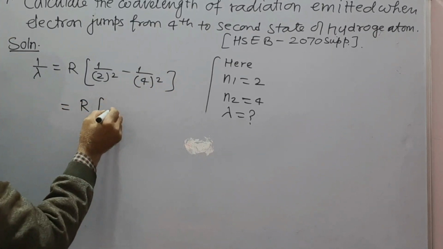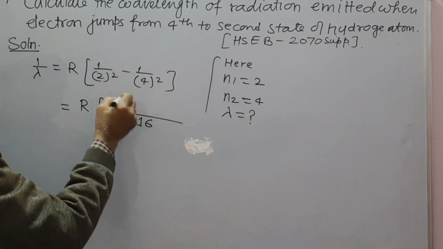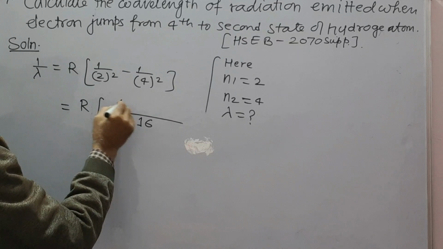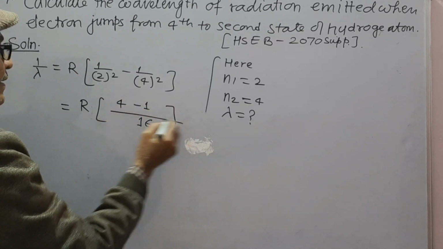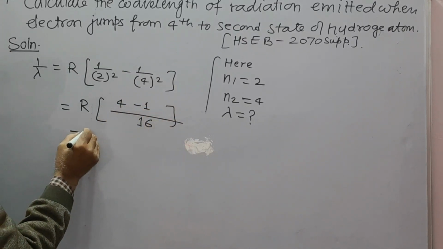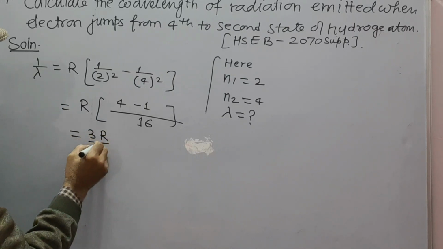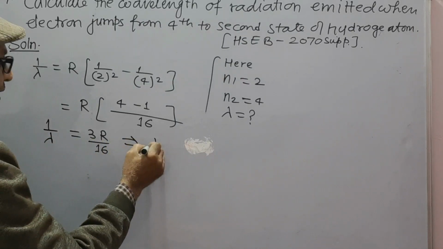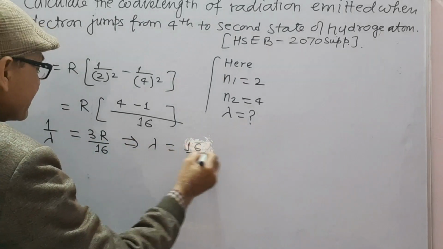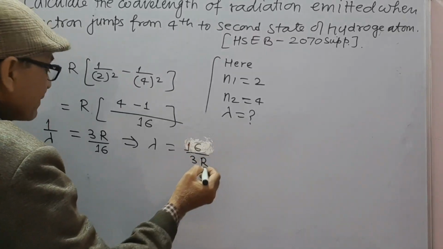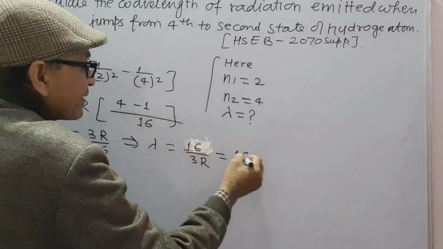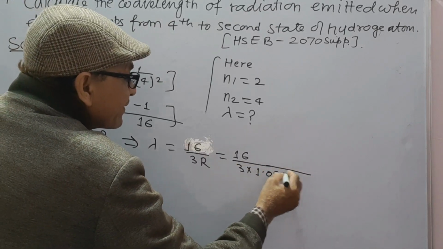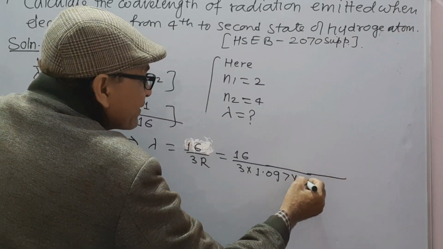R into LCM is 16. 4 minus 1, which is 3 by 16. 3 R by 16 is 1 upon lambda, which gives lambda as 16 by 3 R. 16 upon 3 into R, which is 1.097 into 10 to power 7.